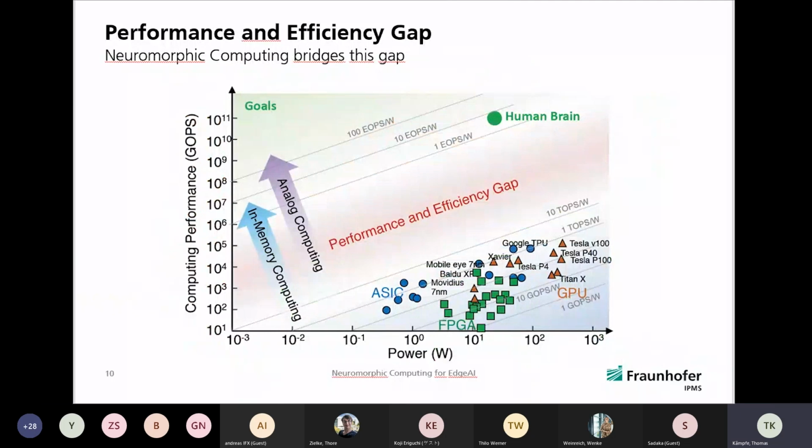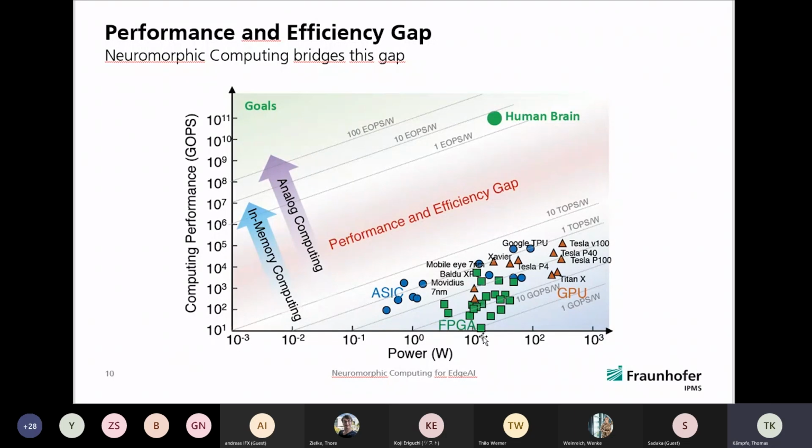So what we try to do is basically bridge the gap which we see in the energy efficiency between standard architectures, standard systems like GPUs, FPGAs, or even ASIC implementations.